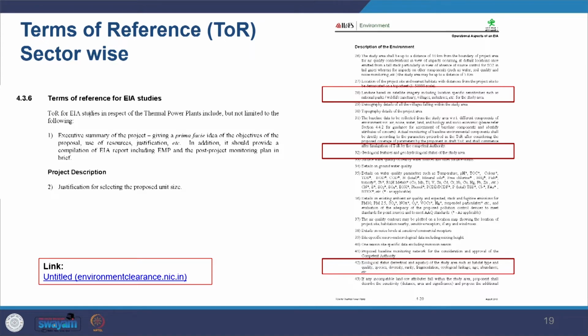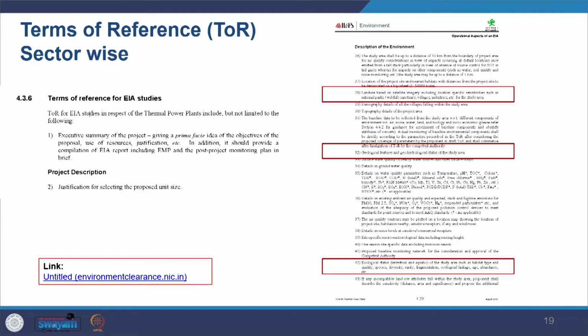And then you also see number 42, ecological status of the study area such as habitat type, quality, species, diversity, rarity, fragmentation, ecological linkages, age, abundance, and so on has to be provided. So this is taken from the thermal power plant TOR. In this way, all sector TORs are there.